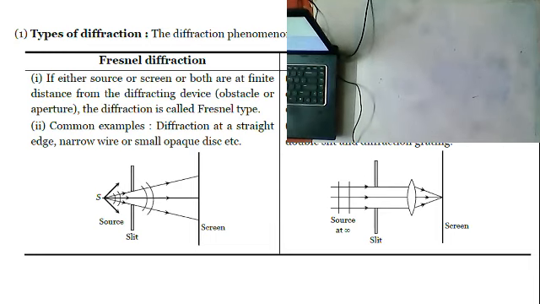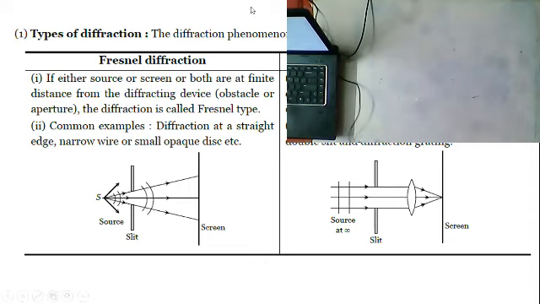Okay, now coming to the next, Fraunhofer. See, Fraunhofer diffraction is a similar type, but the source and screen are effectively at infinite distances. If the source and the screen are at infinite distances from the diffracting device, it is called Fraunhofer diffraction. In that we use lenses.